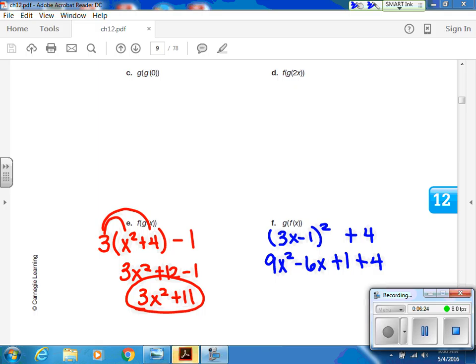Alright, and then, is that finished? No, because I've got some like terms. Great. So I think composition of functions with the numbers is probably easier than composition of functions with the graphs.